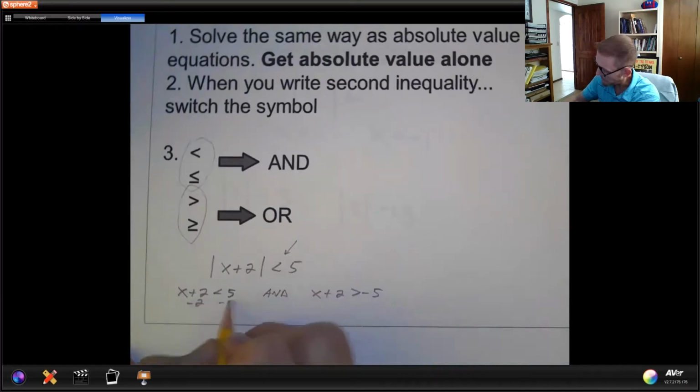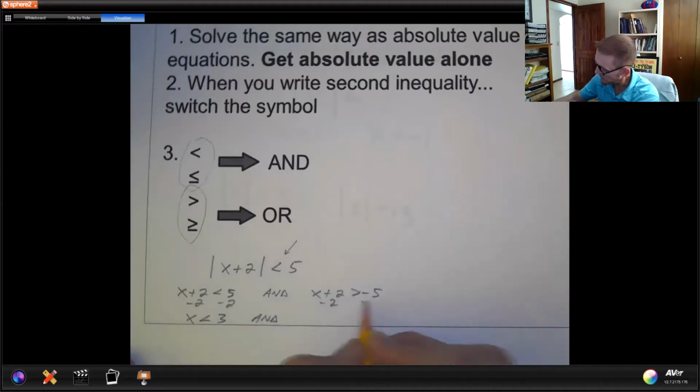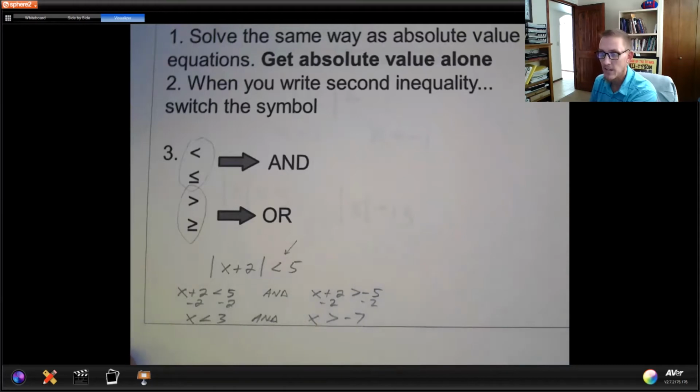So minus 2, minus 2, x is less than 3, and minus 2, minus 2, x is greater than -7. And if I was to graph this, this is a normal AND, so it's going to create the line segment in the middle. All right, and that's going to be significant as we go through and look at various problems.